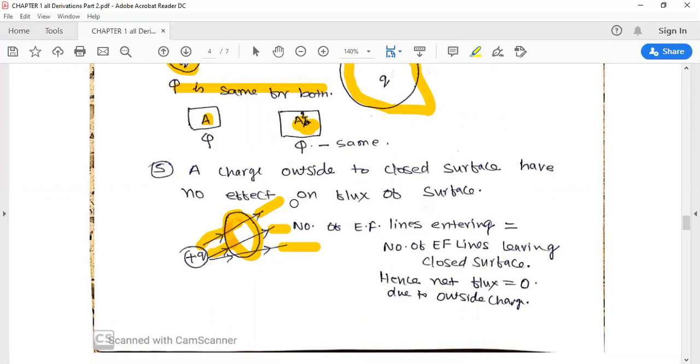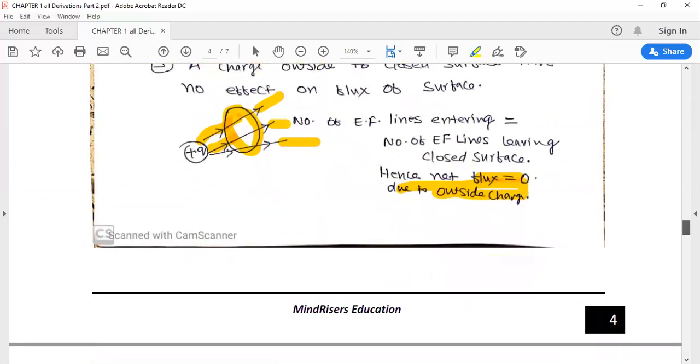So total in equals total out, so there is no net flux. The number of electric lines leaving a closed surface is equal to the number of electric field lines entering the closed surface, and net flux equals 0 due to an outside charge. So if there is an outside charge, there is no effect on flux.